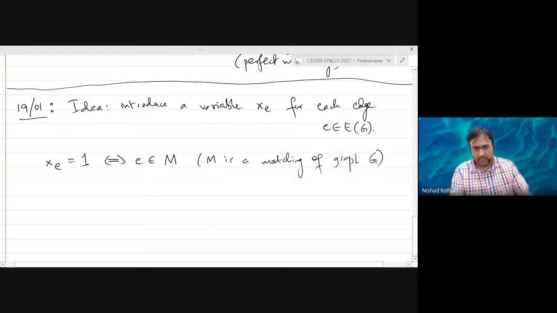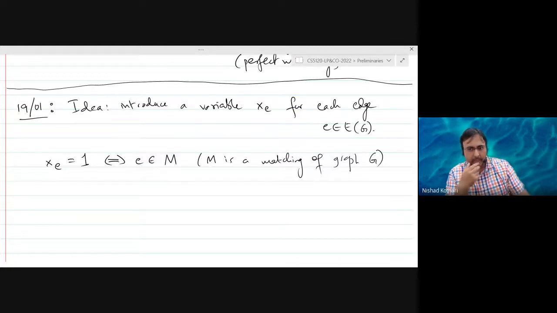So our intent is to have this variable set to be 1 if the edge is in the matching. Okay? So how would we enforce this?